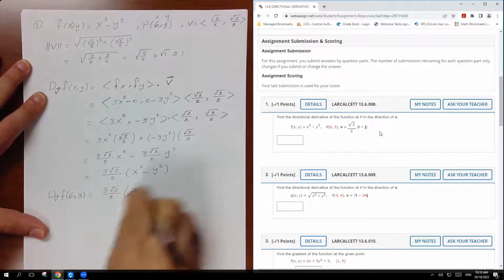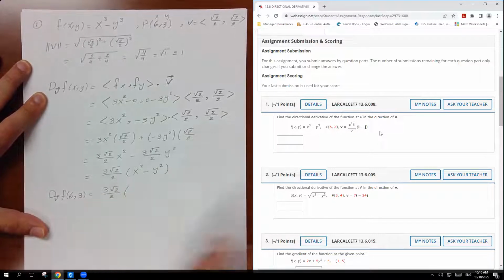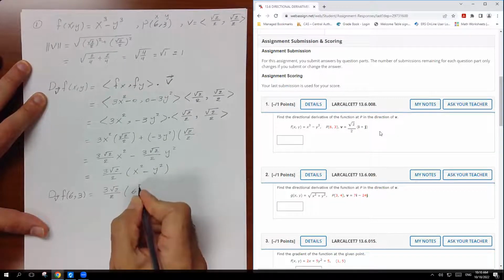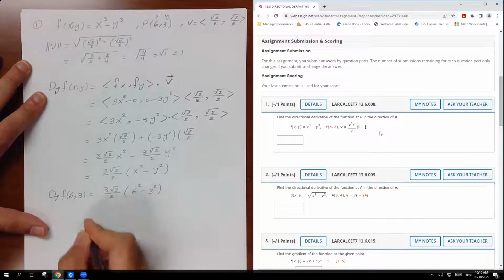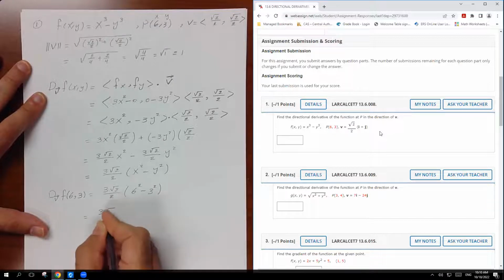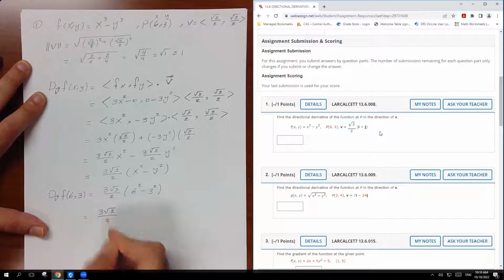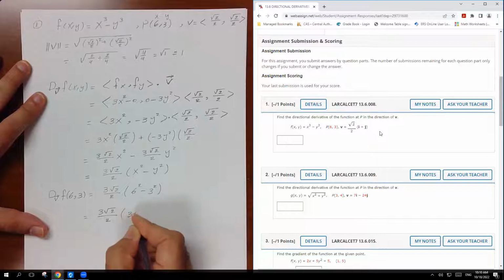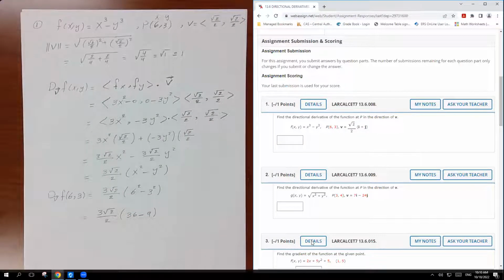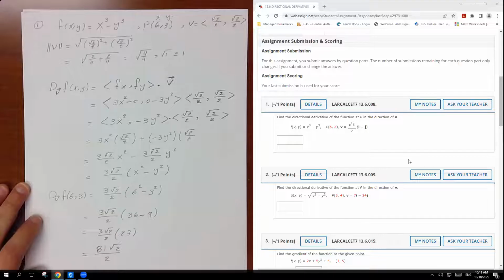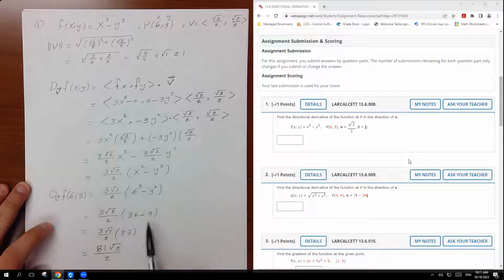Let's plug in this one first. Minus 3 squared, times square root of 2 divided by 2. And here is 36 minus 9. You're just going to simplify this one. So just simplify 36 minus 9.